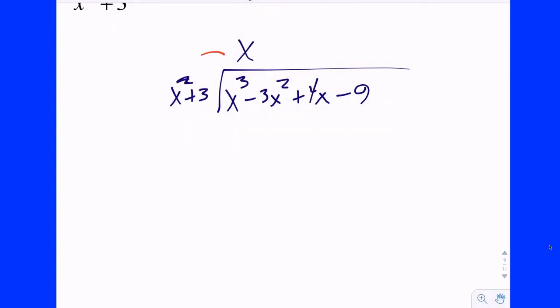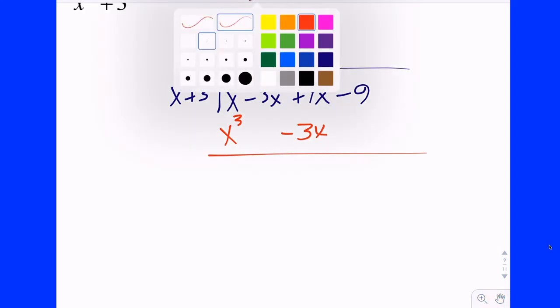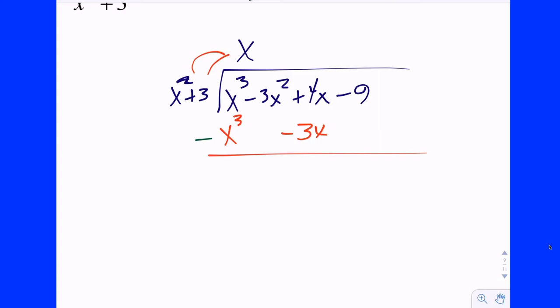And now when you distribute, you get x cubed. Those should be the same. Minus 3x. Notice I'm going to put that minus 3x over here underneath the like term. Now we got to change both signs. Don't forget to change the signs, especially of that second one. It becomes plus now.